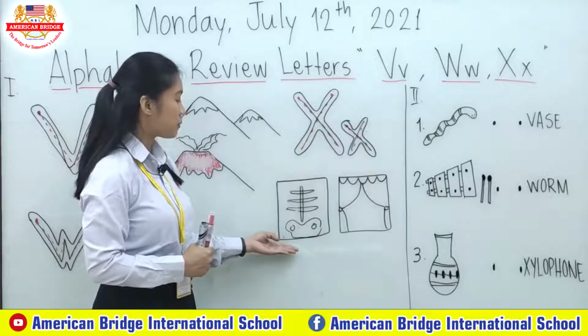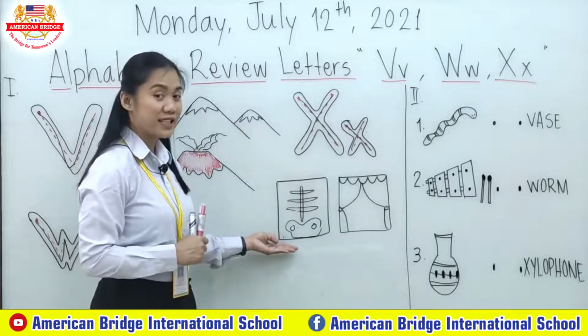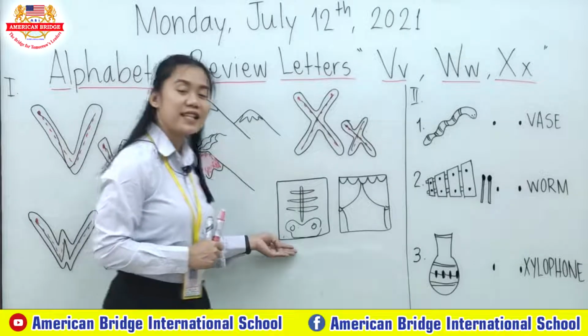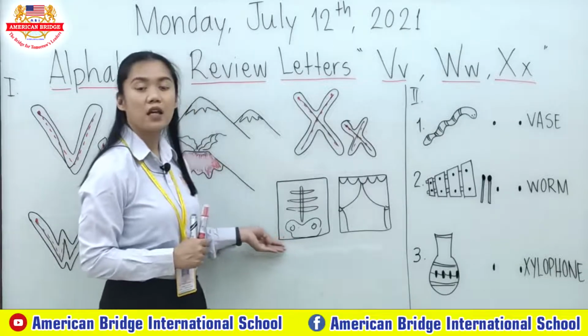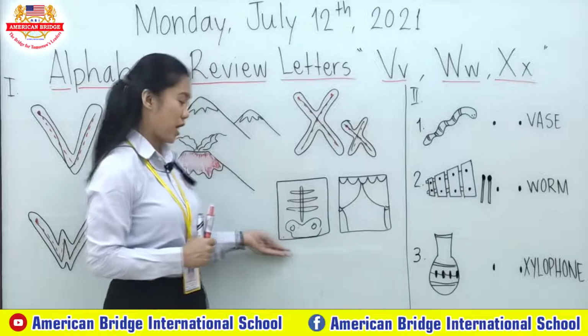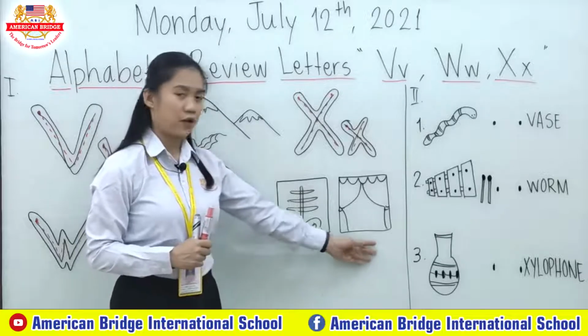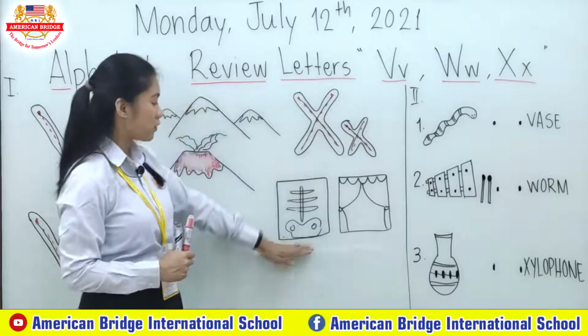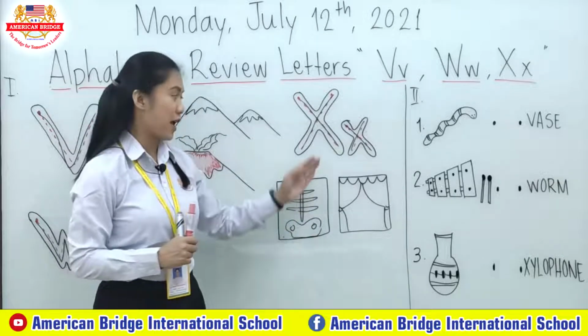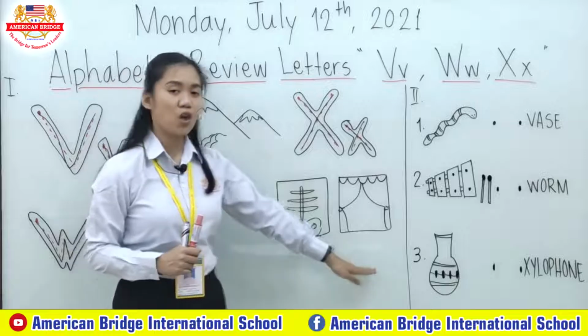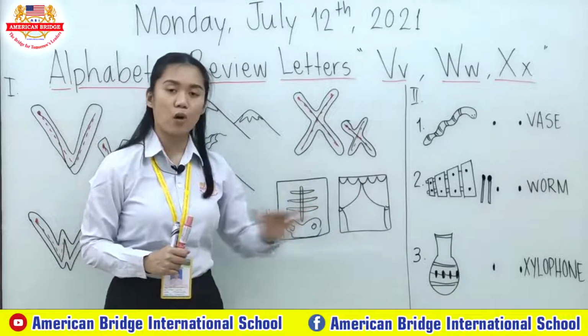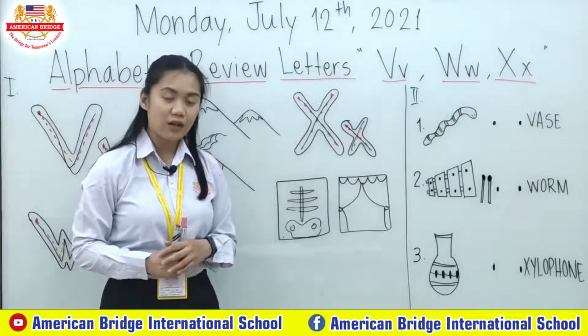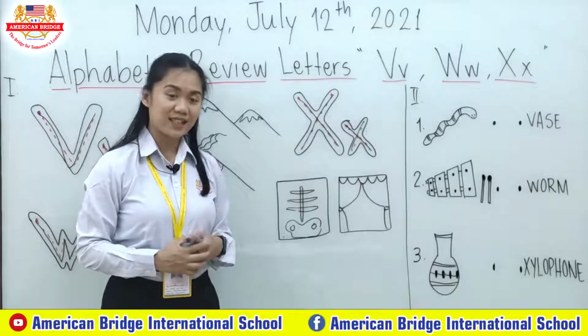Is it the first picture? What is this, everyone? This is an X-ray. And how about this one? Window. So X-ray begins with letter X and window begins with letter W. Meaning, we need to color what?